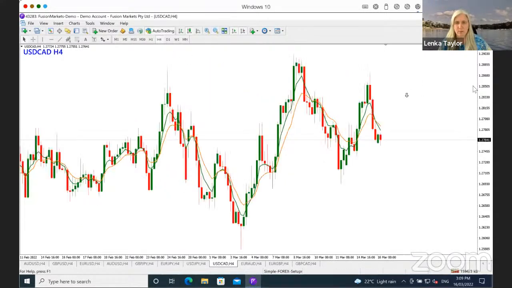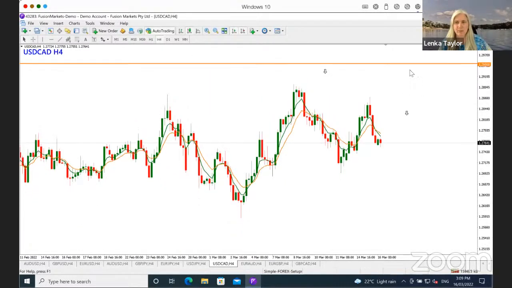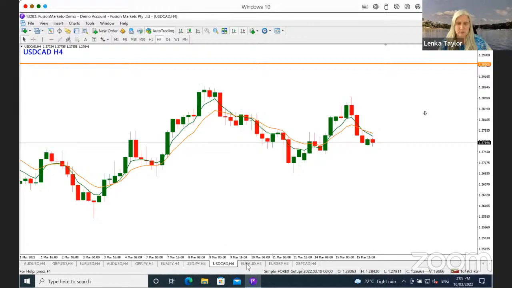It could want to go a bit further up to meet that horizontal. So it's a little bit in the middle, probably. I'm not really going to be interested unless there's some kind of clear decision in terms of the direction.